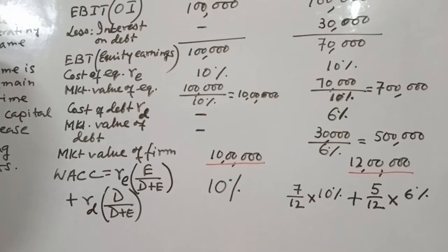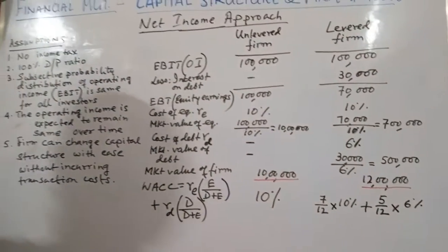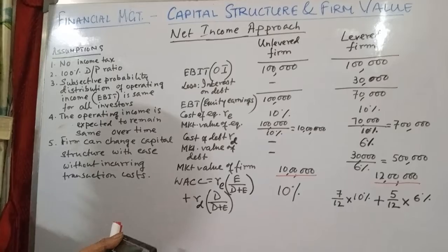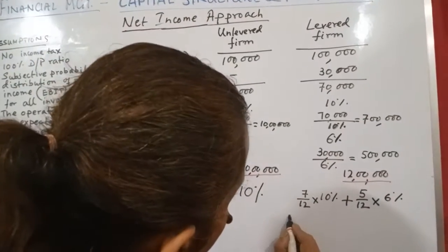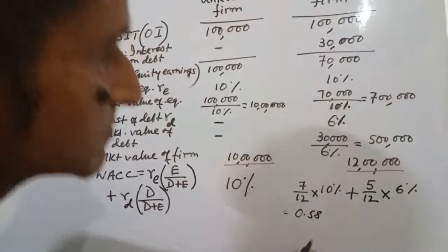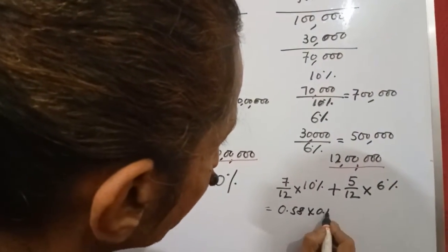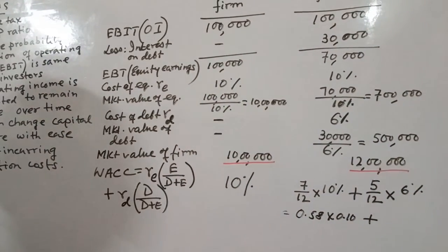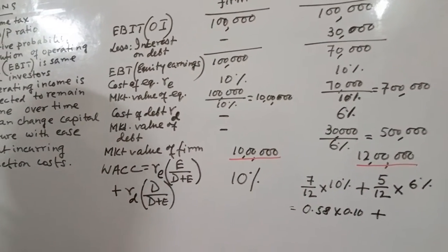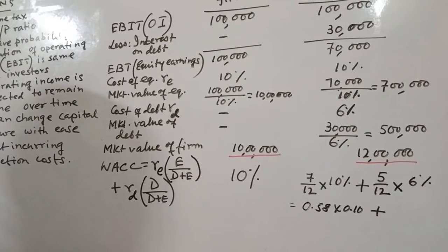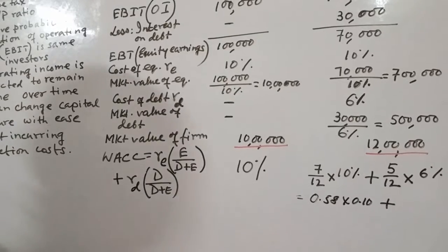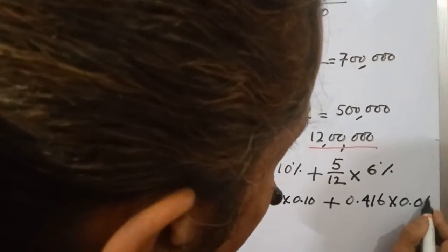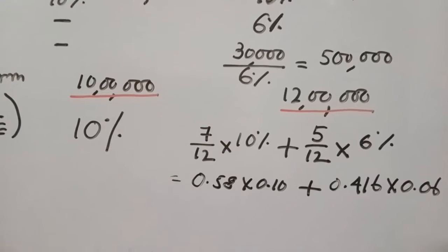So let us see what they come to. 7 divided by 12, 0.58. 0.58 into 0.10, 10% means 0.10, plus 5 by 12, it comes to 0.416. 0.416 into 0.06, 6% means 0.06.